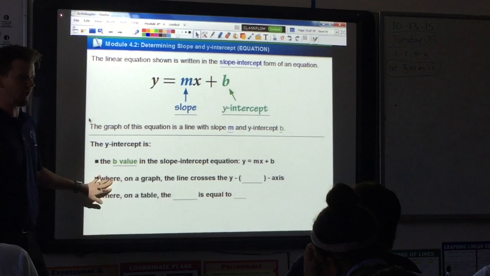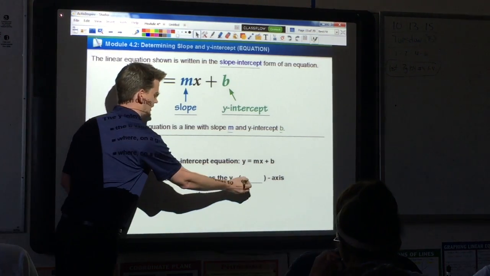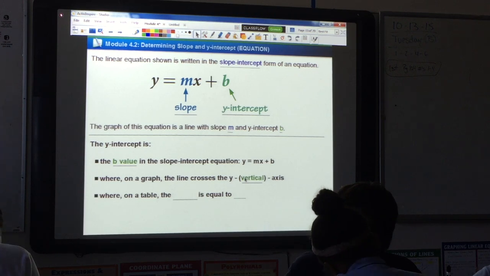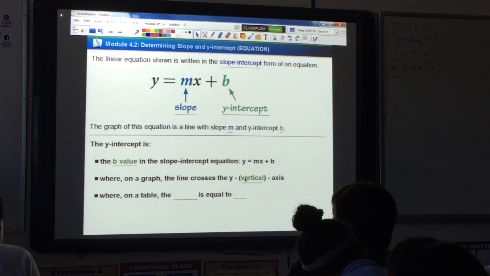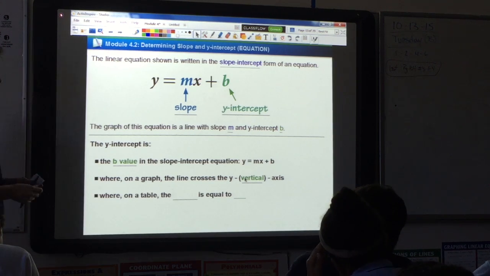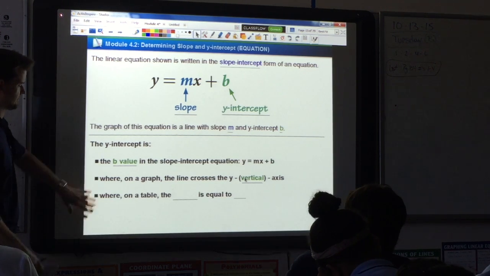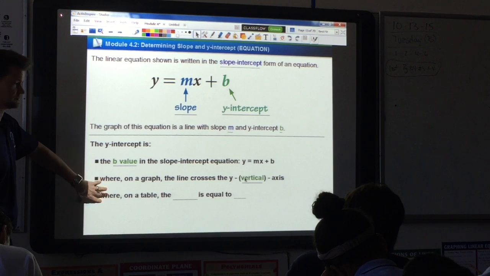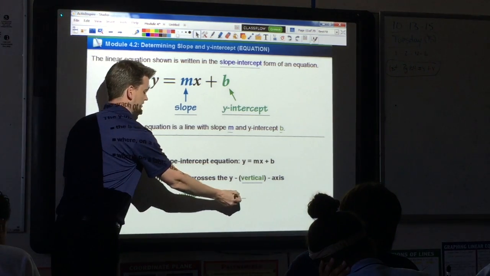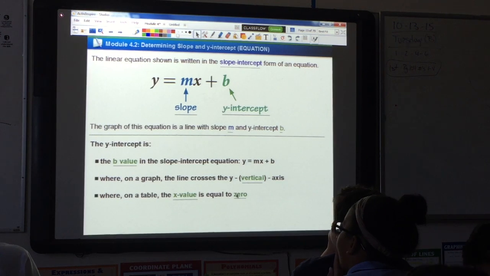When we have a graph, the y-intercept is where the line crosses the y-axis, also known as the vertical axis. Wherever the line of the graph crosses the vertical axis, that is your y-intercept. We're going to go into each one of these in detail. Right now, I'm just letting you identify the 3 different ways. On a table, it's where the x value is equal to 0. That's the y-intercept, wherever x is equal to 0.